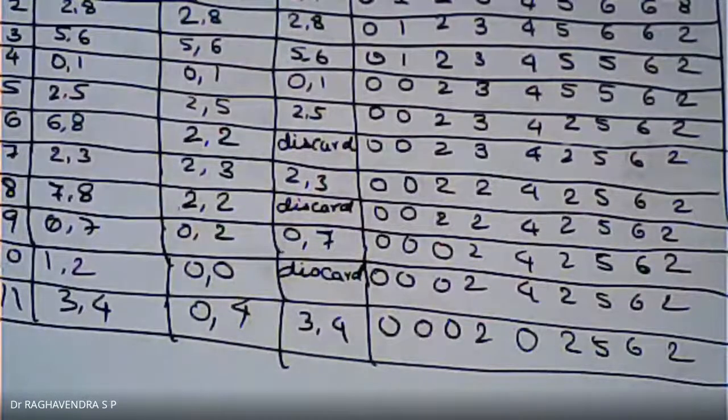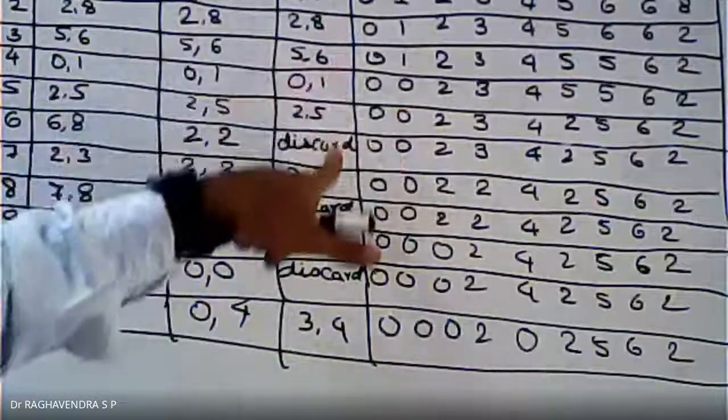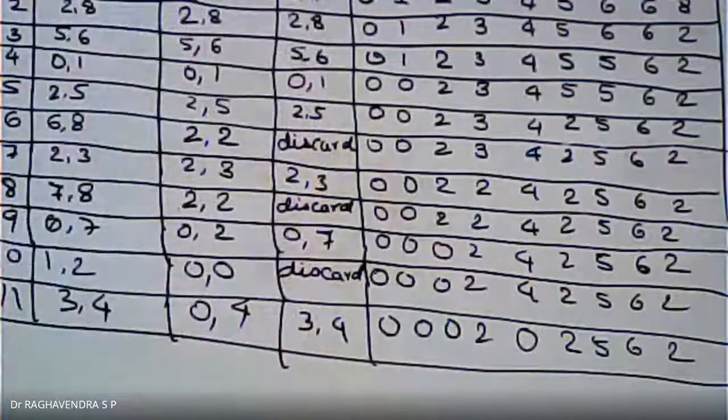Thus the spanning tree, in brackets given in the 4th column. So the output here is the spanning tree. This column represents the spanning tree.